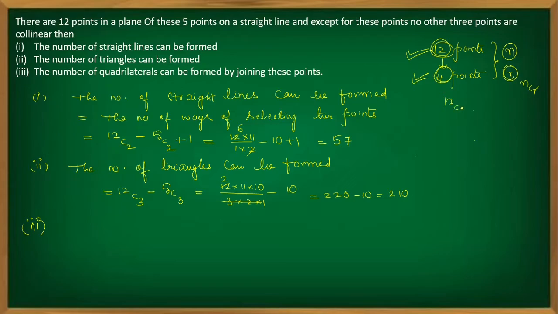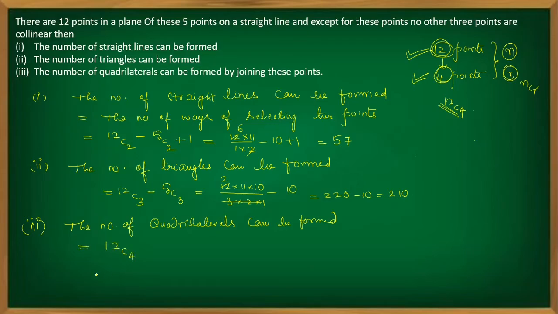The result is 12C4. Now you see here we have to think again, because there is some problem in this, because collinear points are given to you. Let's first write this: what do we want here? The number of quadrilaterals that can be formed in general is 12C4.